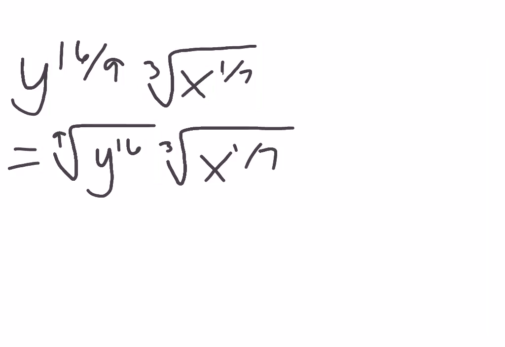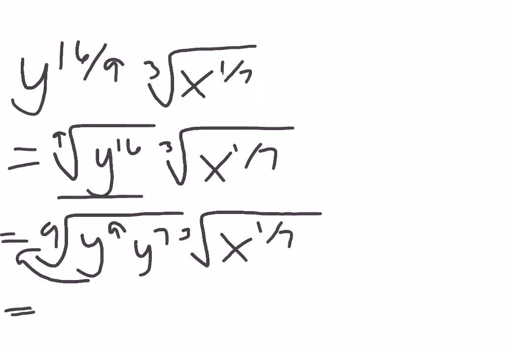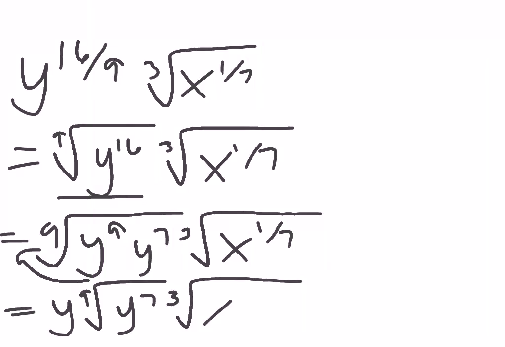And now from this term right here, we have the 9th root of y to the 16th, which is the same thing as y to the 9th times y to the 7th, times the cubed root of x to the 1/7, which, if I pull this y to the 9th out of the 9th root, I'm just left with y times the 9th root of y to the 7th times the cubed root of x to the 1/7.